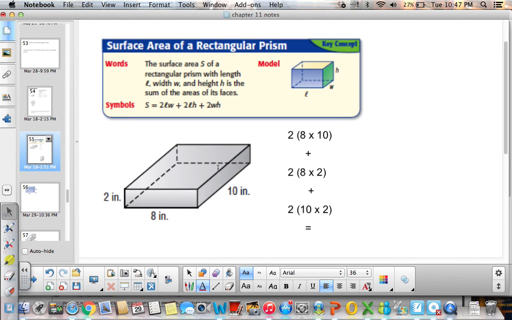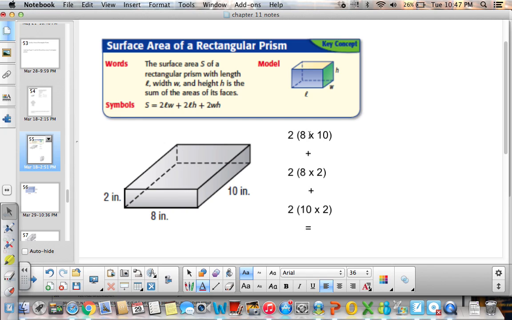So if we look at this rectangular prism right here, basically what I'm doing is I'm combining each number with the 2 other numbers and multiplying them together and then multiplying by 2. So I know that the length and the width, we have 8 and 10.